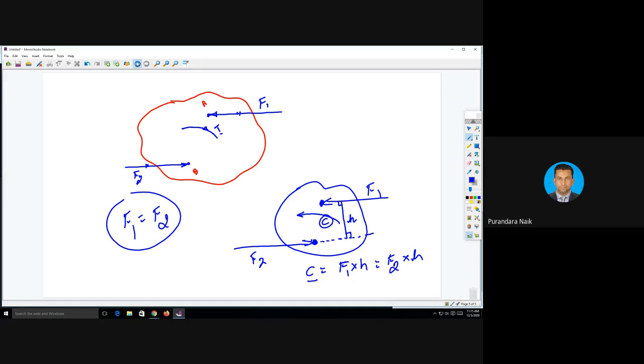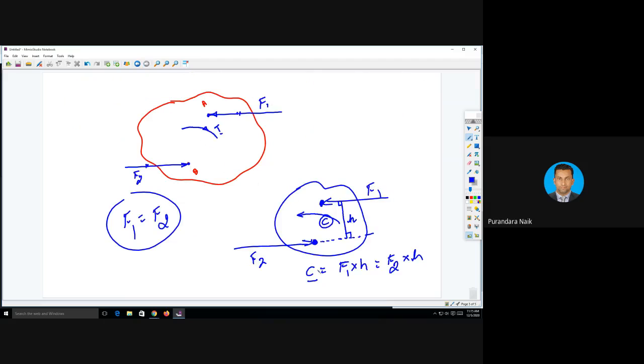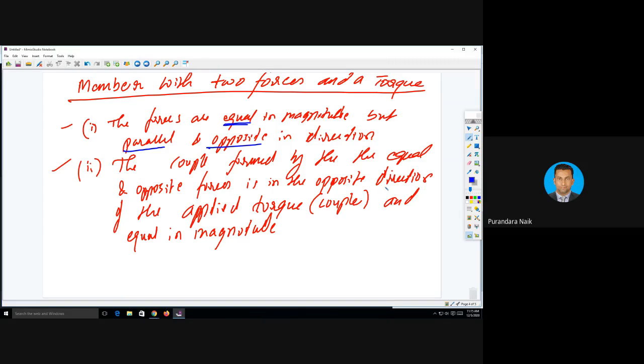What does the second condition say? The couple formed by the equal and opposite forces, what is that couple? C. Sorry. The couple formed by the equal and opposite forces is in the opposite direction of the applied couple and equal in magnitude.